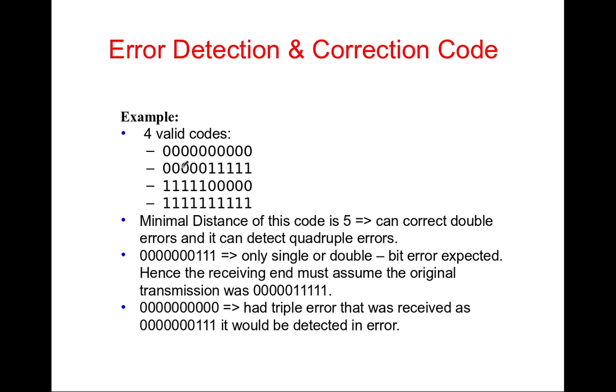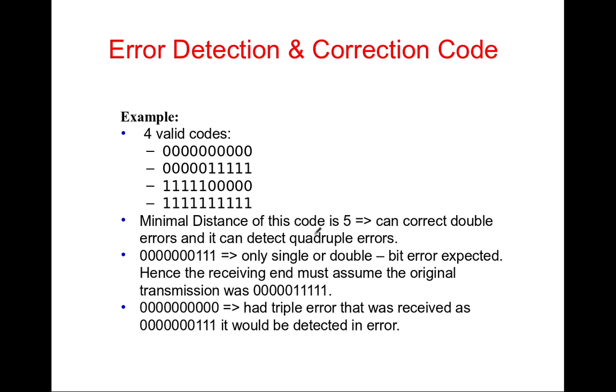Here, as we can see, the minimal distance between any two code words is 5. If you consider this and this, these are the 5 bits which are different between these two codes, and that's why the distance is 5. Between these two code words, the distance is 10, but the minimum among all those is 5.